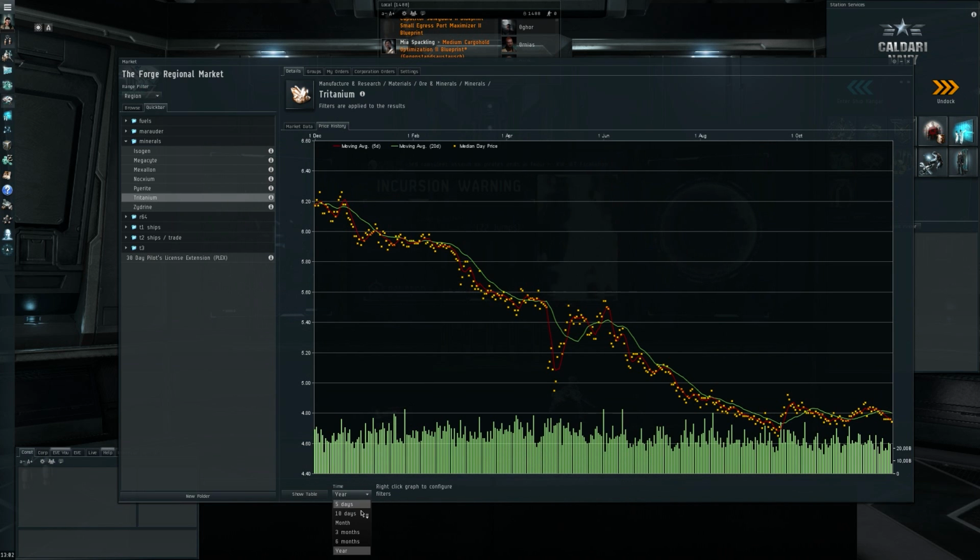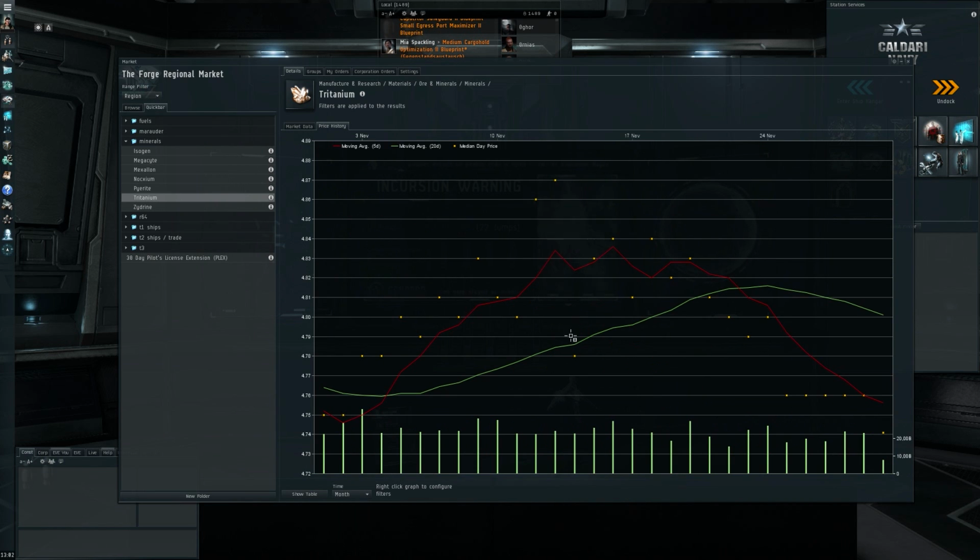But if we want to know what Tritanium might do in the next few days, and not so much look at the larger trends, which would indicate to me that it might trend upward a little bit if there's just more activity in EVE Online, then if we want to have a chance to trade in this a little bit, we need to look at volumes, supply and demand, stuff like that as well.